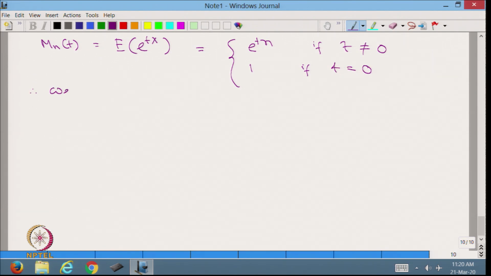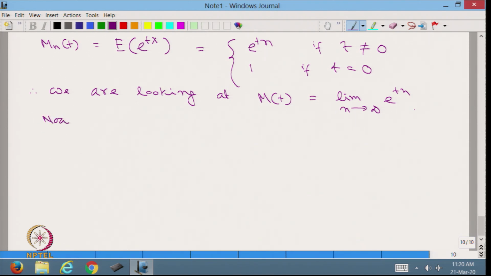Therefore, we are looking at M(t) equal to the limit as n goes to infinity of e to the power tn.